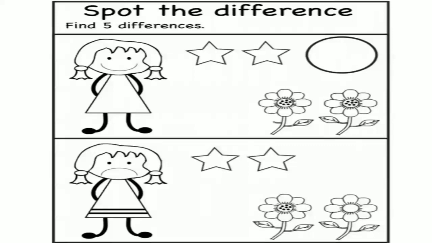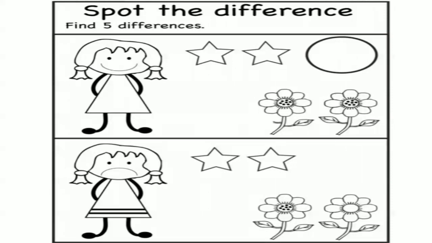Now very carefully look at the flowers. What difference do you see? I can see that in the first picture, there is only one leaf. But in the next picture, the first flower has two leaves. So that is our fourth difference.